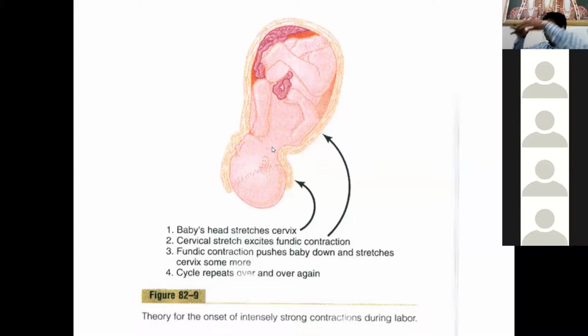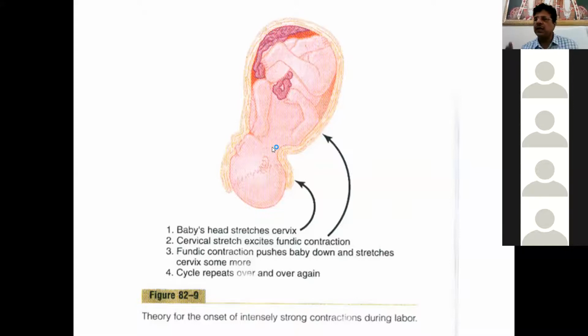So when more of the head descends into the cervix, there is more stretch, more impulses going to the hypothalamus, more release of oxytocin. Oxytocin acts on the fundus, and this cycle repeats over and over again, and it is terminated only when the baby and the products of conception are delivered.